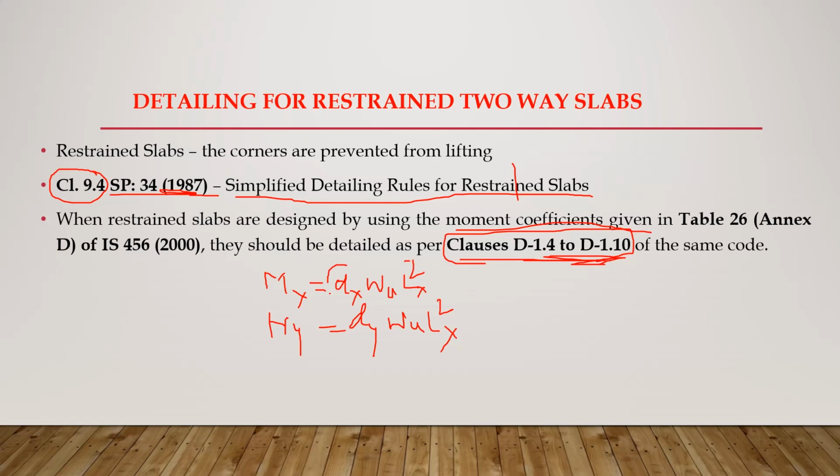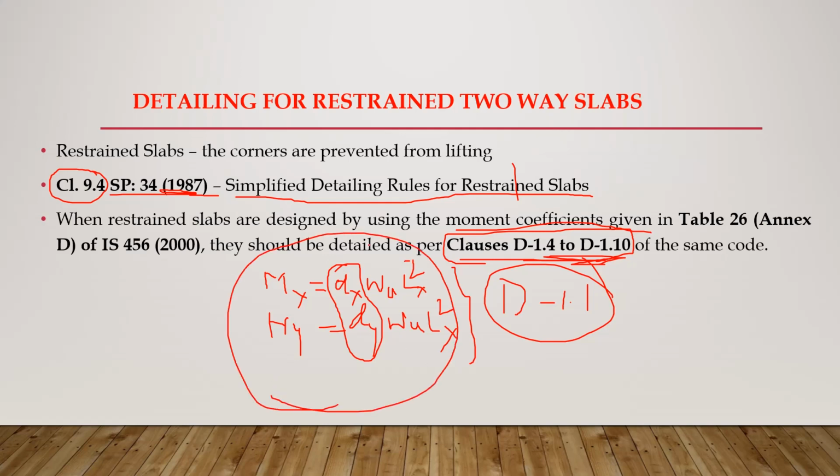These bending moment coefficients alpha X and alpha Y are listed out in table 26, and this formula is given in clause D1.1 of IS 456. We calculate these moments and then we detail the slab based on the clauses D1.4 to D1.10.